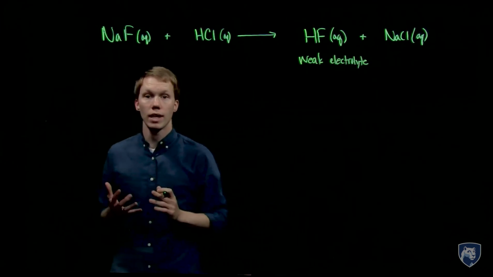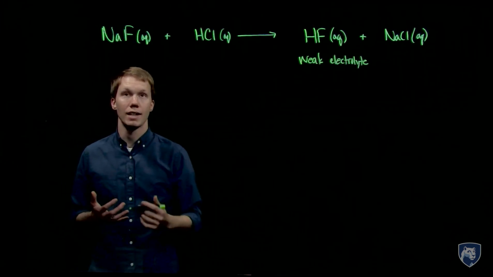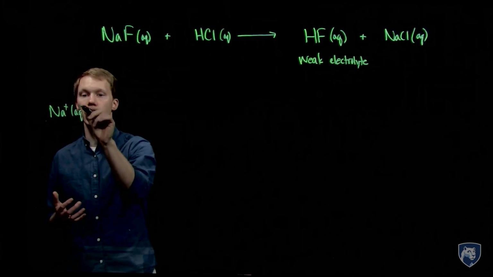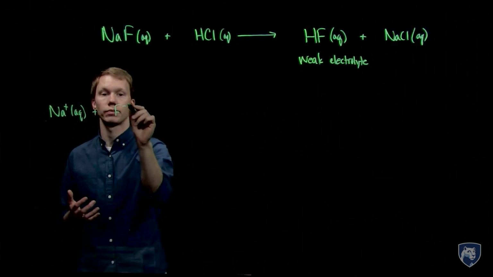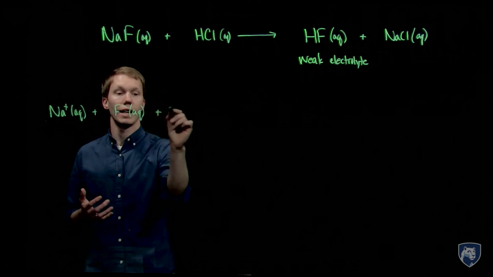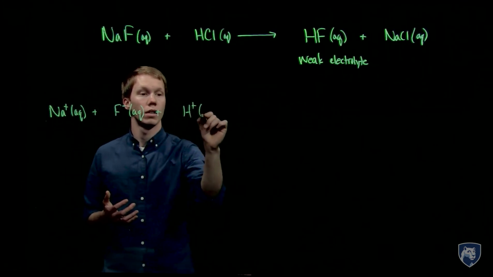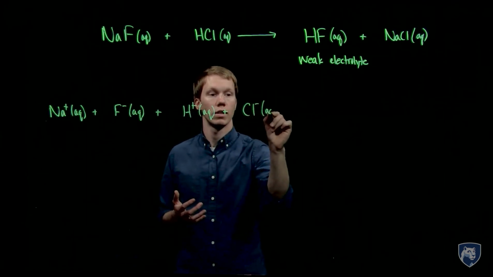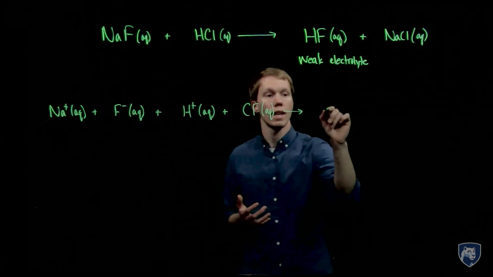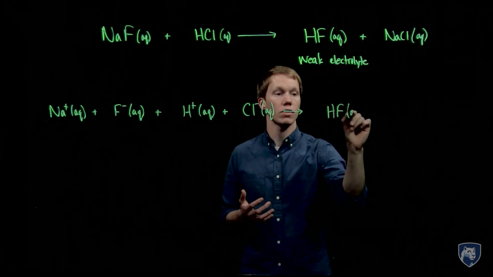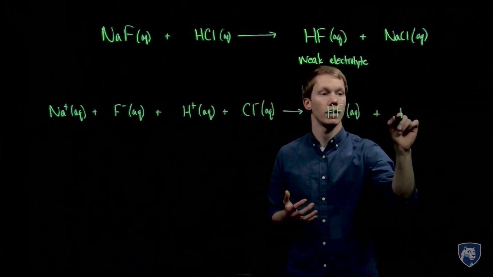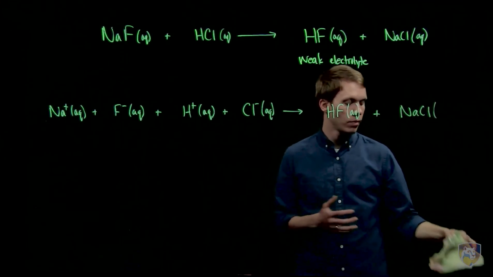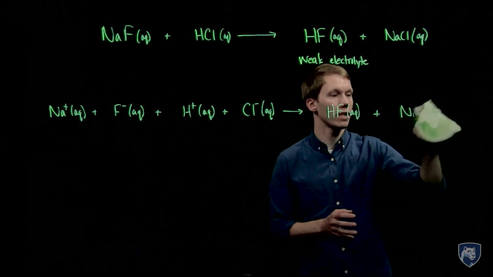Okay, we have a driving force. Now let's reduce this down to the net ionic equation. So we'll dissociate those soluble strong electrolytes and see what we get here. HF, remember, is not a strong electrolyte, so we would leave it as 1 unit. And I went ahead and got ahead of myself here.